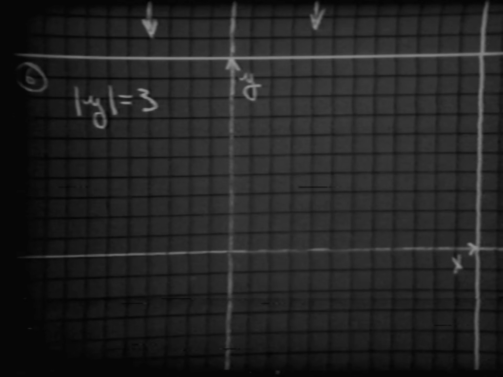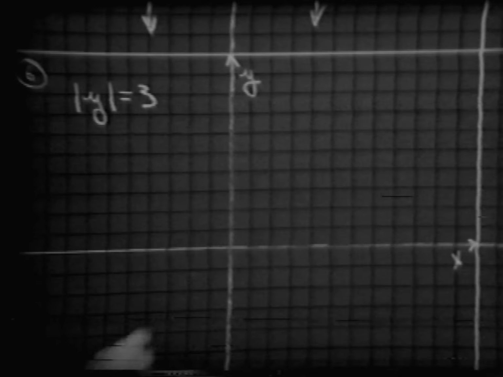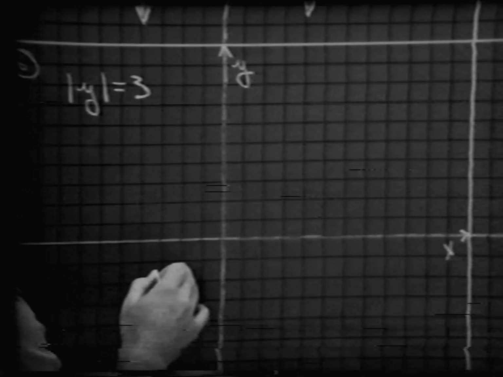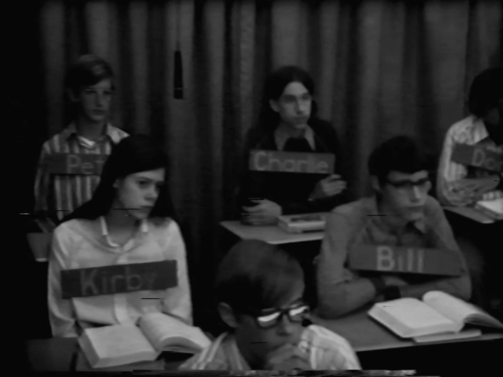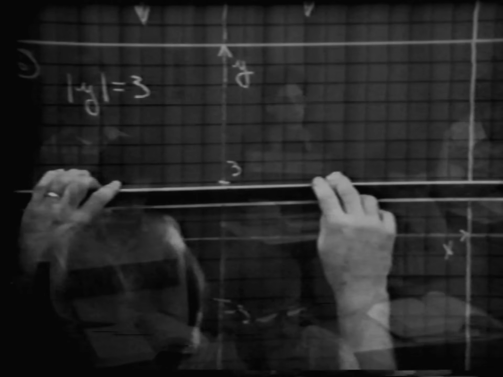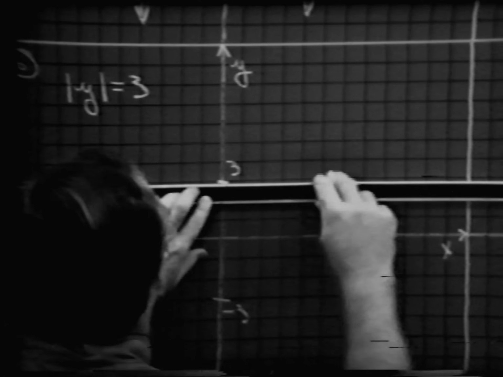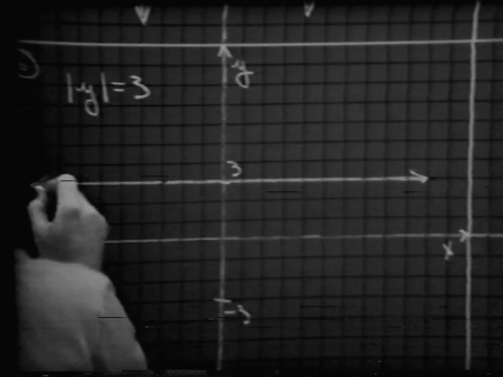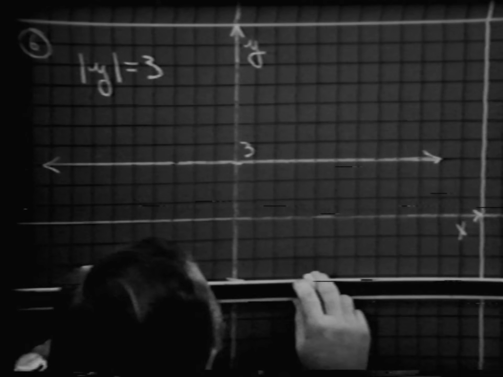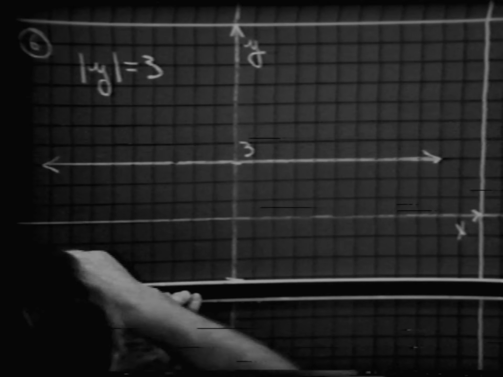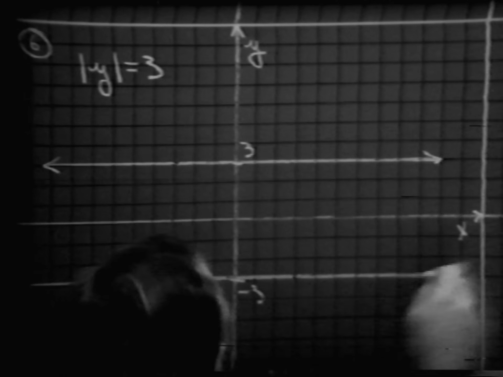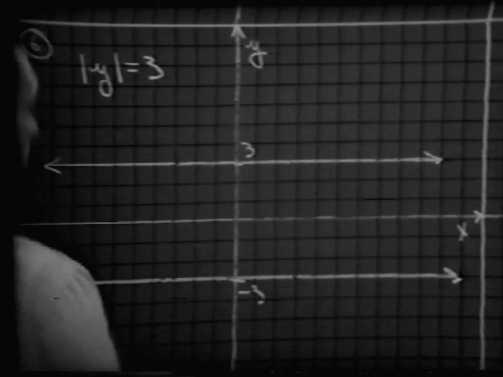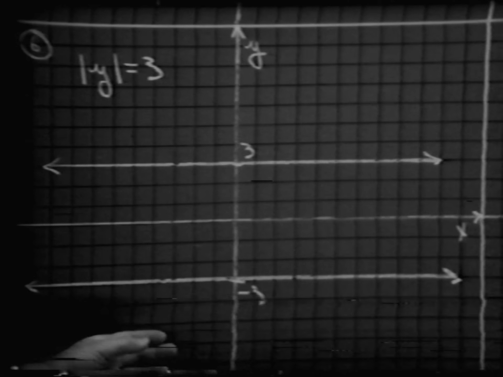There'll be two horizontal lines crossing through the y-axis at 3 and at negative 3, indicating that these lines are then parallel to the x-axis. Notice if it has y's in it, absolute value of y is equal to 3, it then is going to be lines which are parallel to the x-axis. All right? And you say then that our graph will look like this, and indeed it is.